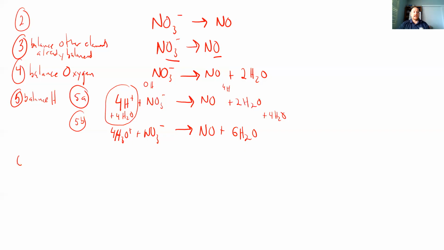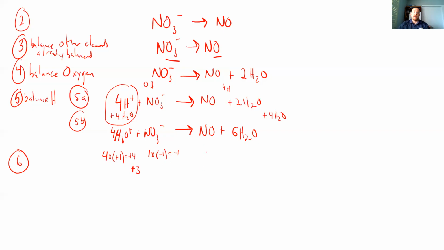And then in step 6, I need to figure out what is the total charge on each side. From the hydronium ion, 4 times the +1 charge gives me +4. From the nitrate, I have 1 times the -1 charge, which gives me -1. So this is a total of +3.